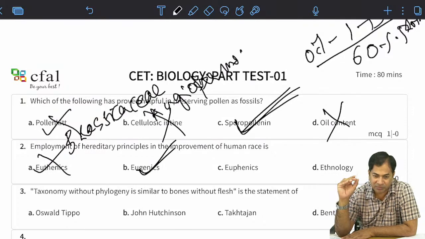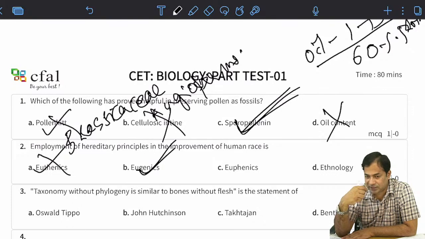Nowadays film actors and actresses are not happy with their nose structure, so they want a Roman nose, like Hrithik Roshan, or a sharp pointed nose. Through surgery they alter their nose so that they look better.